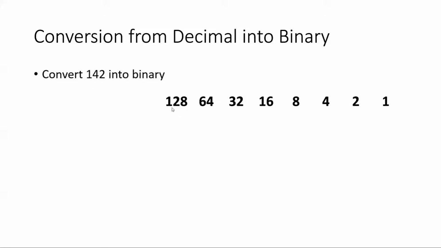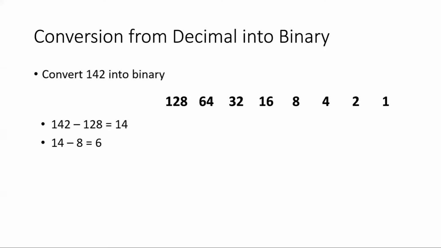So we start here, so we subtract 128. So 142 minus 128 gives us 14. So again, in our list, we need to find the highest number which is under 14. 16 is not under 14, so we pick 8. 14 minus 8 gives us 6.